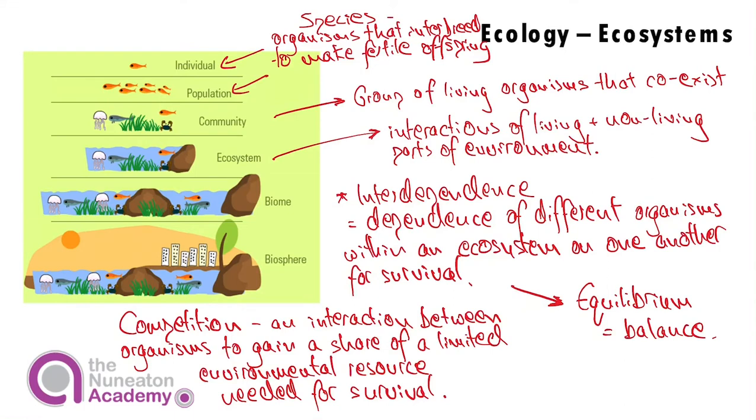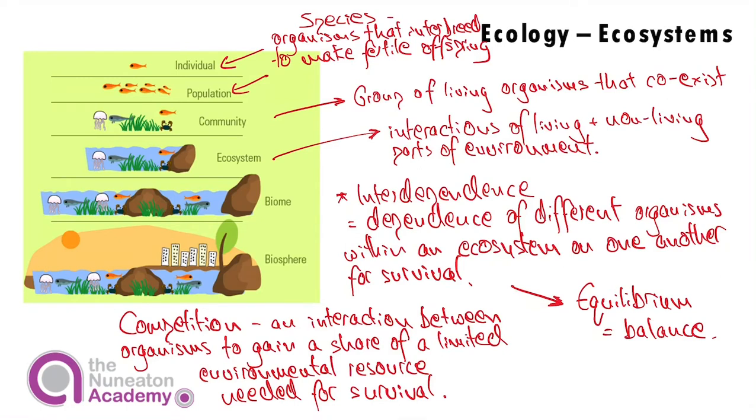Now, numbers of different organisms might go up and down over time, but in terms of a general trend, the population sizes remain fairly constant. So we describe those populations within an ecosystem at equilibrium as being stable communities. Now, ecosystems where this kind of thing happens are often things like tropical rainforests and ancient woodland.